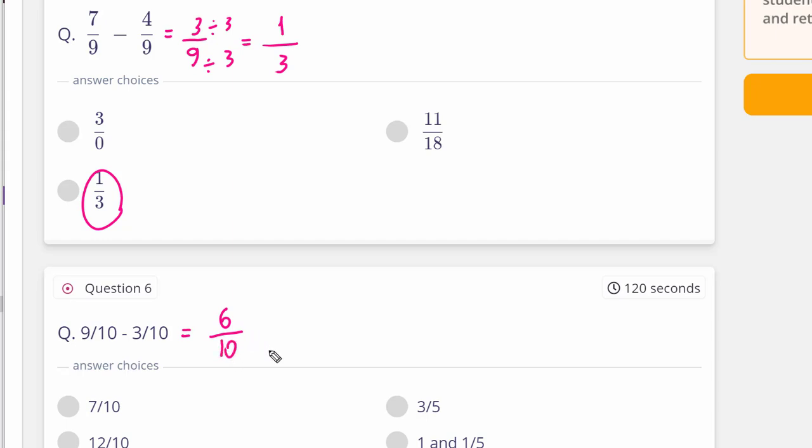So we don't have this in the choices. So we can divide by a number. We can divide by what number? The common factor? Can you divide 10 by 3? No. Okay, you need to choose a number that you can divide 6 and 10 by the same number.